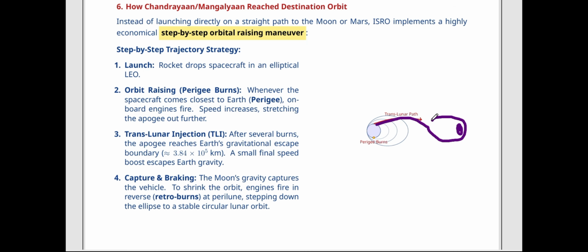Again it will turn, but here the burning of the engine has to be in the reverse direction, which means we need to minimize it. After orbit to orbit, we have to minimize the engine thrust of the satellite. Just assume, guys, when it enters the Moon like that. That's it.